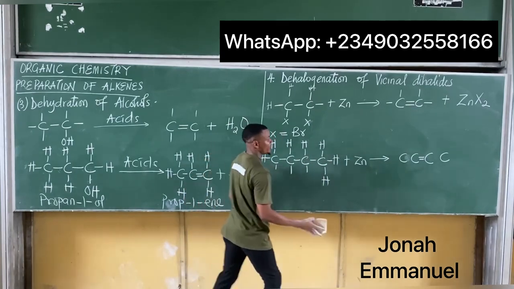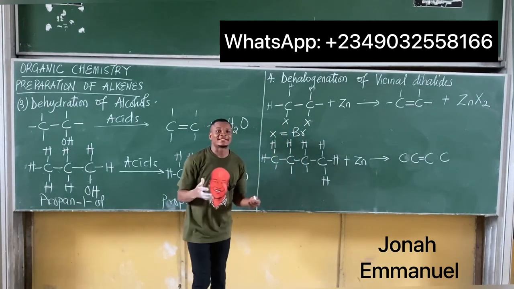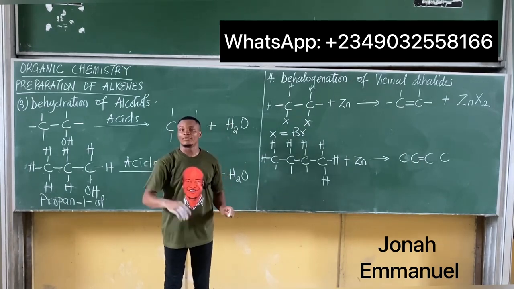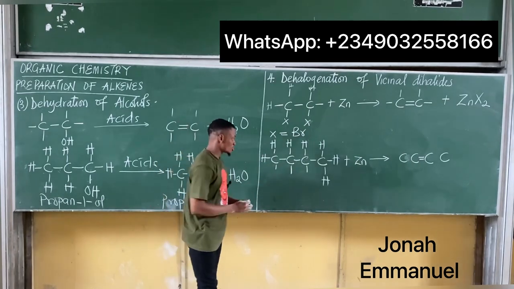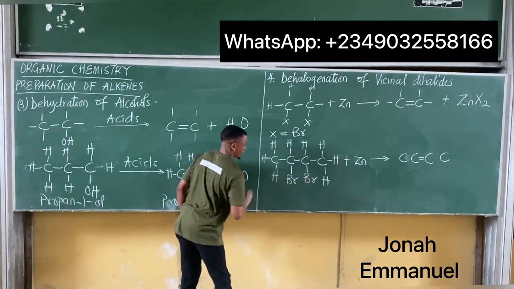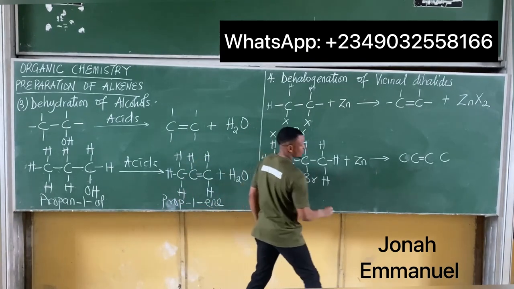Perhaps at your level, don't worry. They will give you the one that's above this one here. So in your structure, Br here, H. These 2 bearing this will now have this.